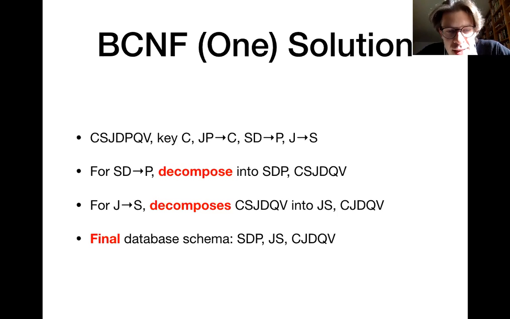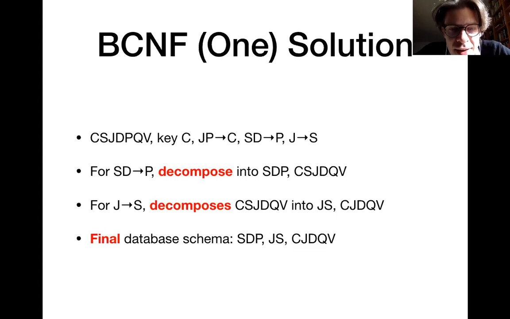In one resulting table, we have simply the attributes from the functional dependency causing problems, which is J and S. In the other part, we have the attributes from the relation that we are decomposing minus the right-hand side.